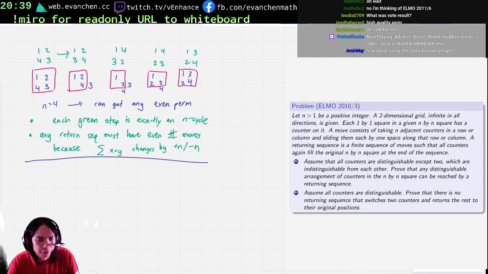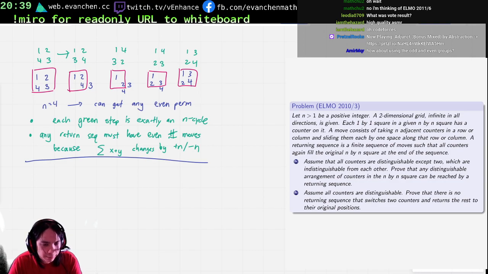I should actually write this in the text instead of the board, so I have more board space. So for each blue position, write the green permutation obtained by taking all coordinates mod n. Each green permutation is the previous permutation composed with some n cycle.